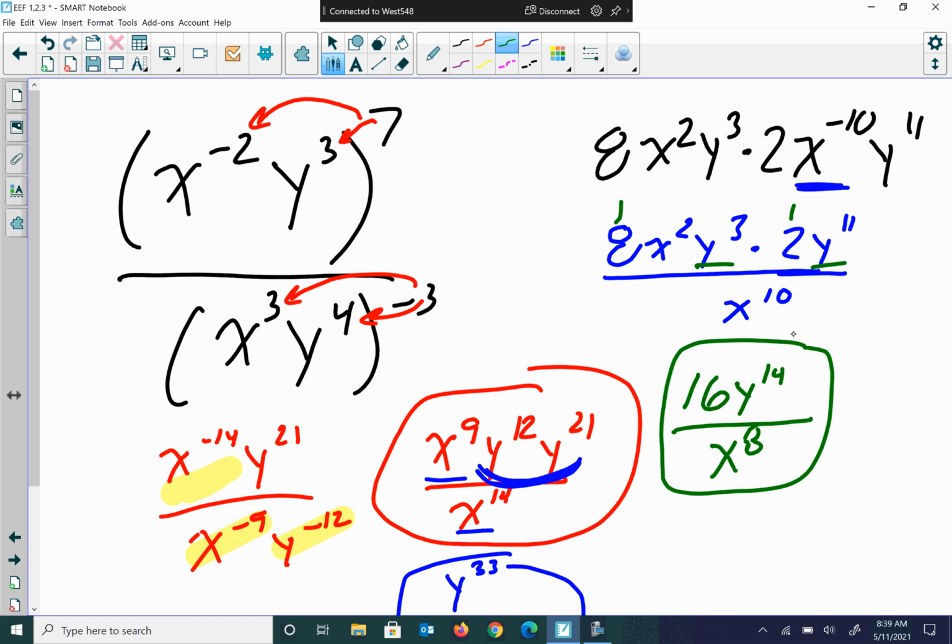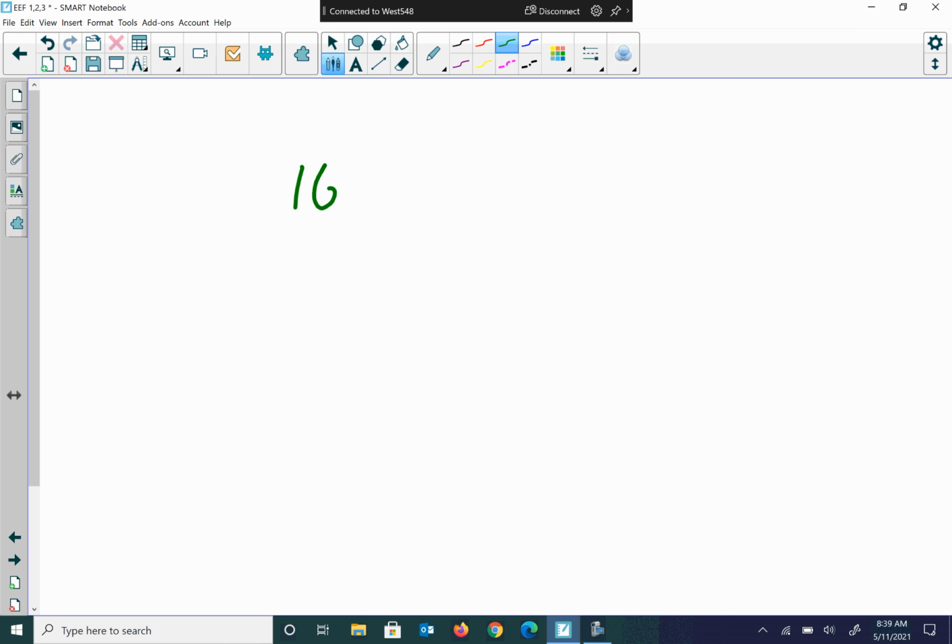Okay, so that is the packet completed. I have a question. Say that I have a problem which is 16y negative 16y, and the y to the negative 16th power, multiplied by x to the negative 15th.